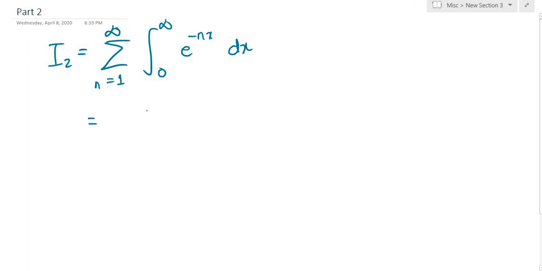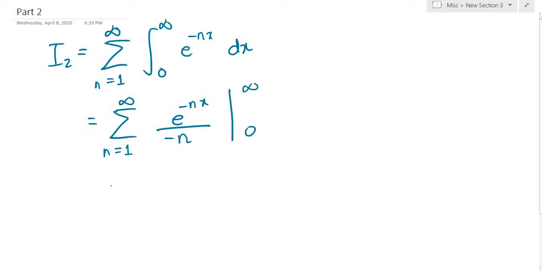Now this can be integrated very easily actually. So we have the sum from n equals 1 to infinity, and integrating this with respect to x, we obtain e raised to negative nx divided by negative n, but you have to evaluate that from infinity to 0.